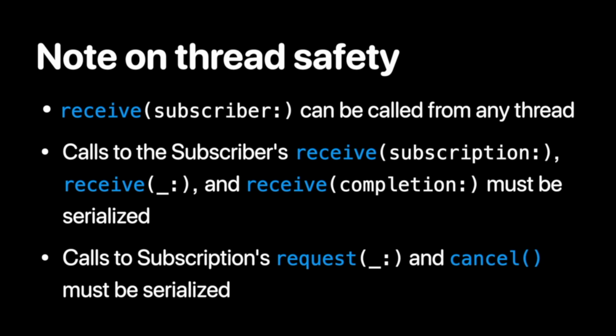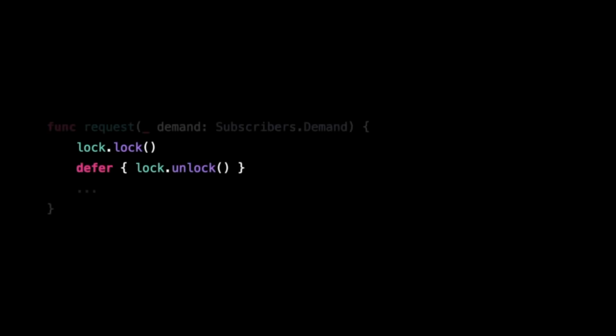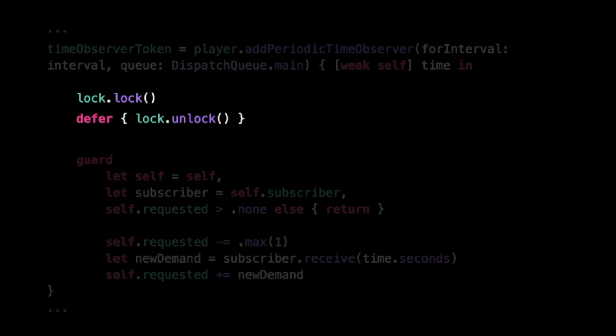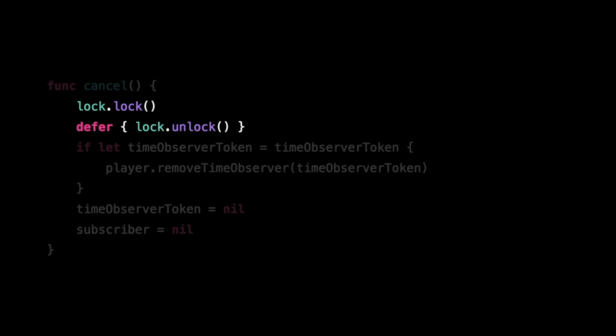The simplest way to adhere to these rules in our publisher is to apply locking in the following situations. When receiving a demand, when emitting values, and also when cancelling the subscription.